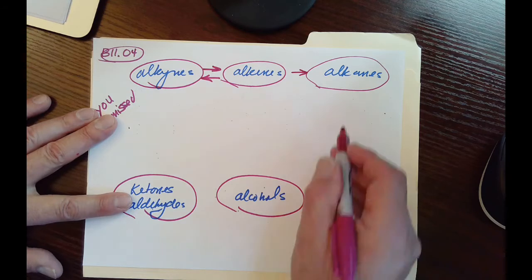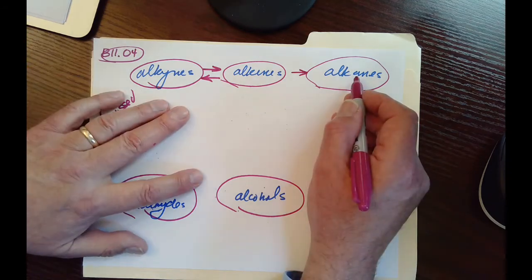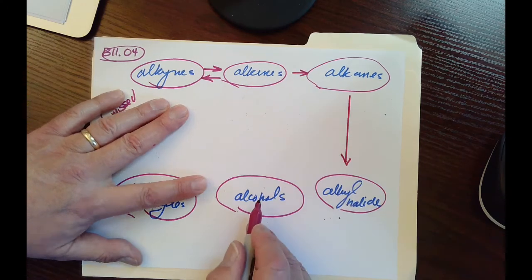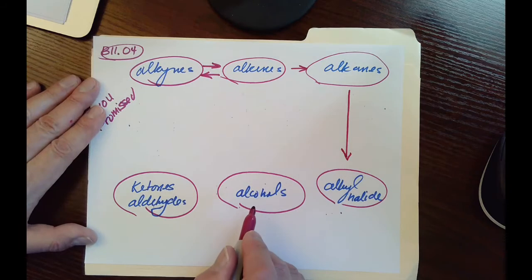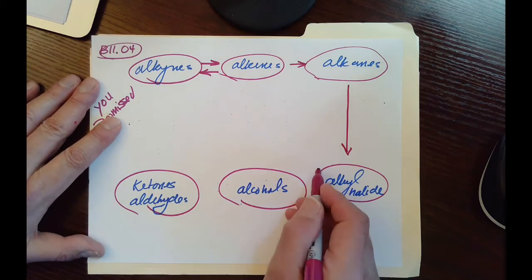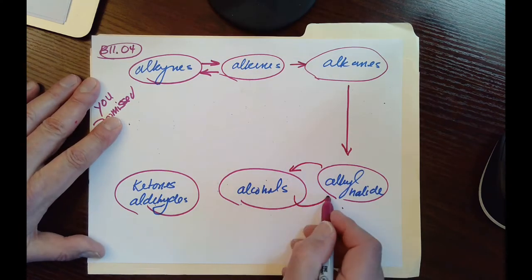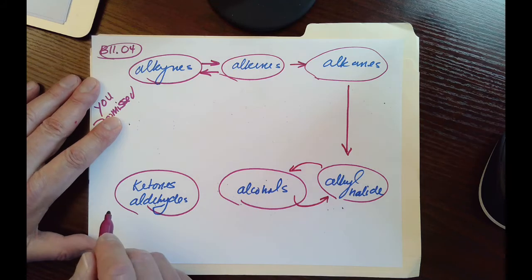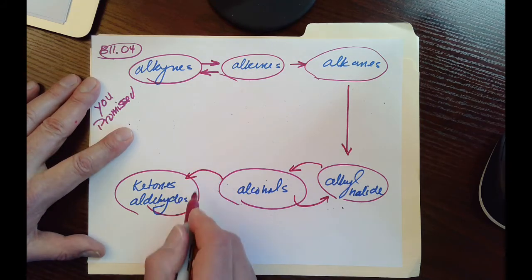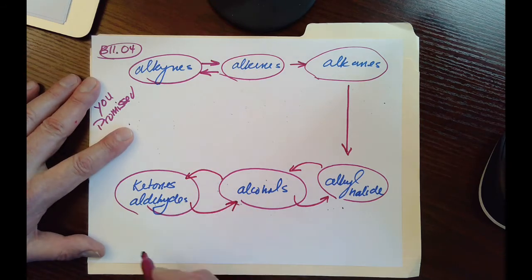Then going from the alkanes to alkyl halides, from alkyl halides to alcohols, and from alcohol back to alkyl halides, from alcohol to ketones, and from ketones to alcohol.